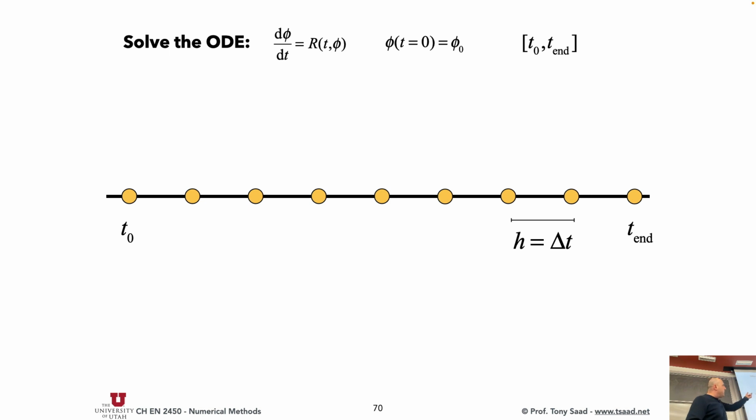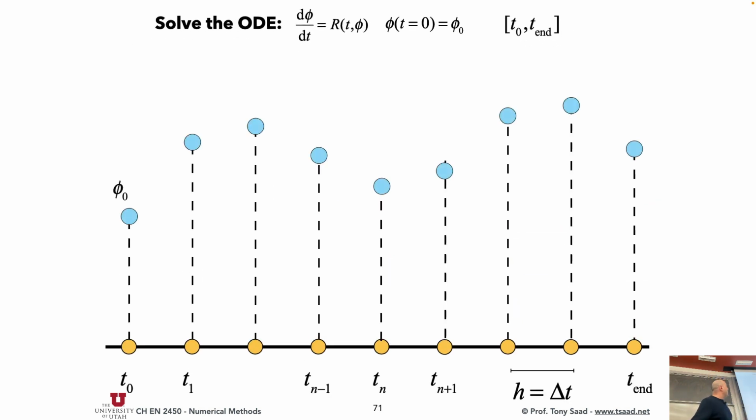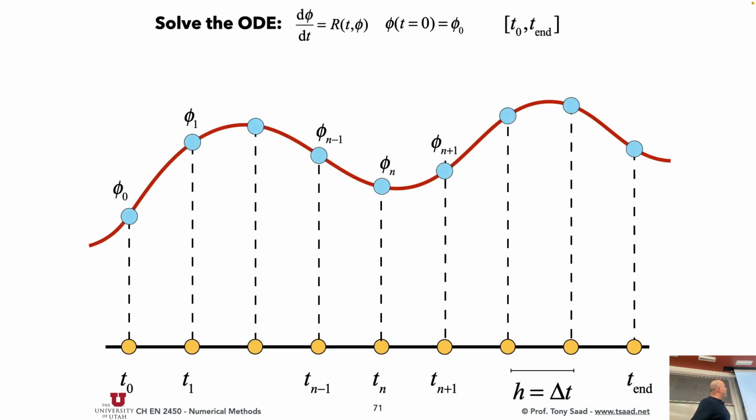Our interval is delta t or h interchangeably. And you assign to each one of those points a time value. T1 is t0 plus delta t if delta t is constant. T2 is t1 plus delta t, and so on. No mystery here.